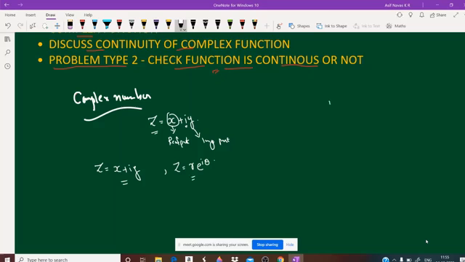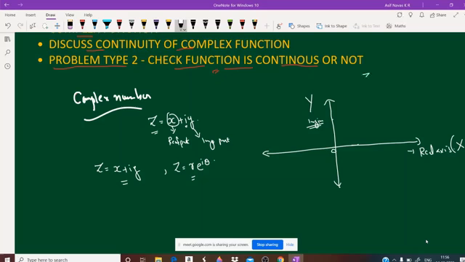So I will draw the complex plane. This is a complex plane. This axis, the x-axis, is the real axis, and this axis, the y-axis, is the imaginary axis. So imaginary numbers we will represent on the imaginary axis, and real numbers on the real axis.